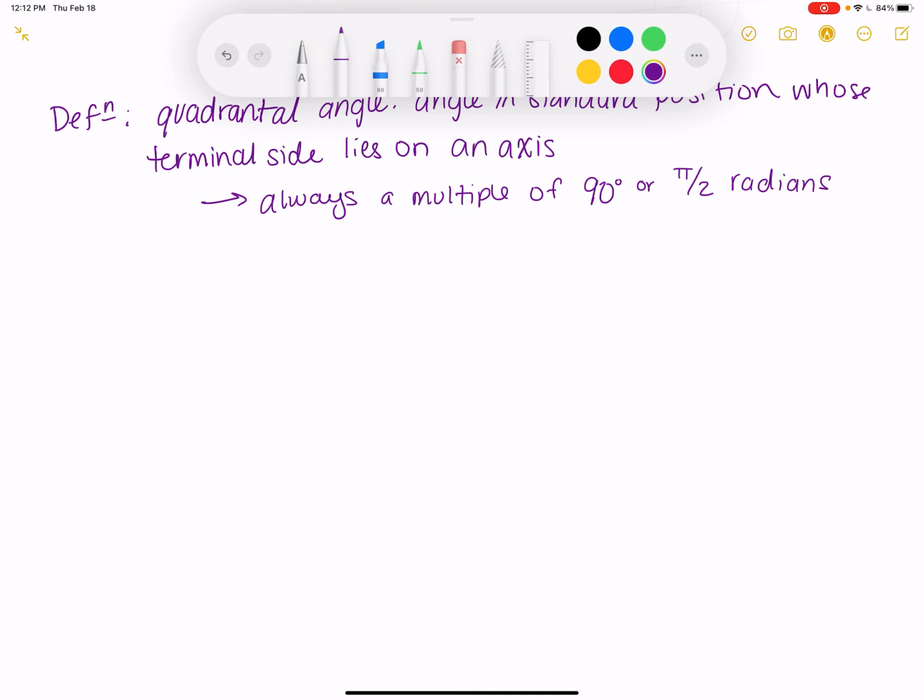Okay, the next thing is reference angle relationships. So theta is an angle in standard position.